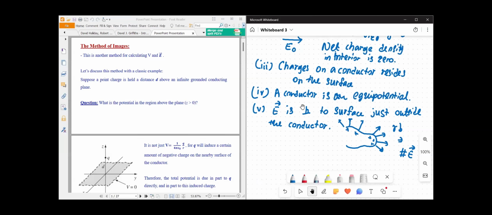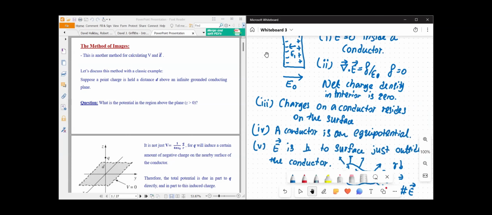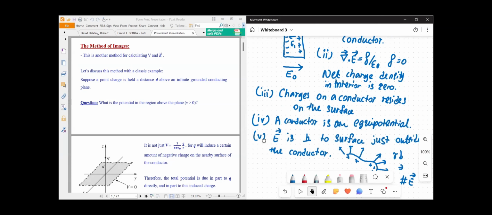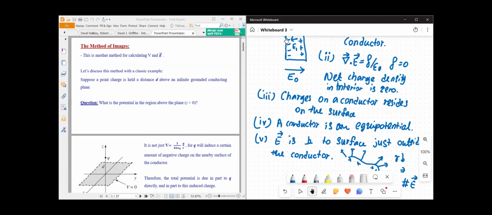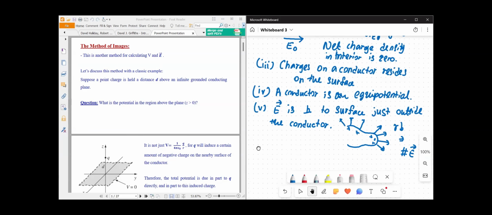And also a conductor is an equipotential surface. So a conductor is an equipotential. We can move charges freely on the surface of the conductor. Then because of the movement of these charges to the surface, the electric field generated by these charges on the surface is perpendicular to the surface just outside the conductor. And if the radius is low in a certain geometry of a conductor, then there will be a large number of electric field lines there.